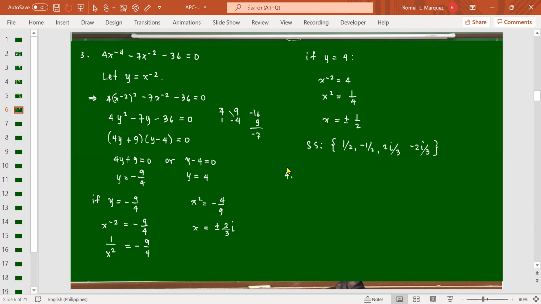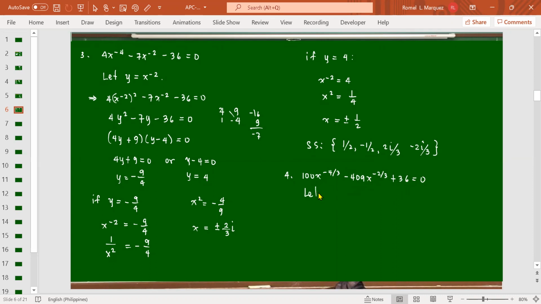Number 4. What about if we have 100x to the negative 4/3 minus 409x to the negative 2/3 plus 36 equal to 0. Okay?